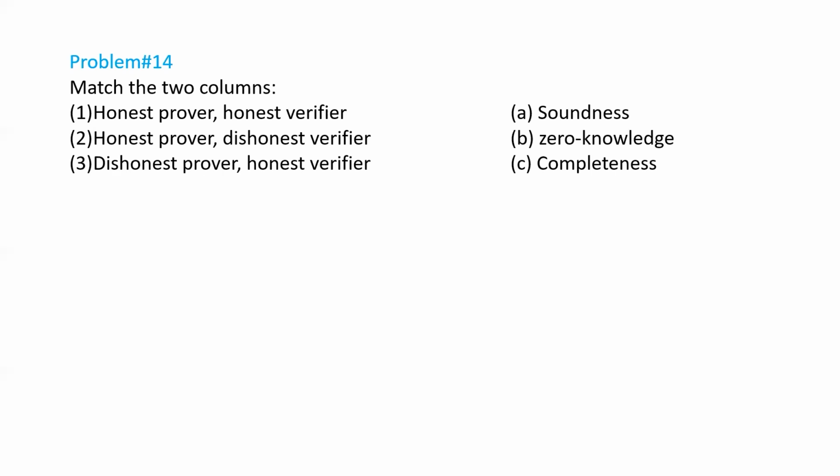I just discussed that the honest prover, honest verifier case is taken care of by the completeness property of the zero knowledge protocol. Then honest prover, dishonest verifier: this case is taken care of by the zero knowledge property of the zero knowledge proof system. And then dishonest prover, honest verifier: this case is taken care of by the soundness property.